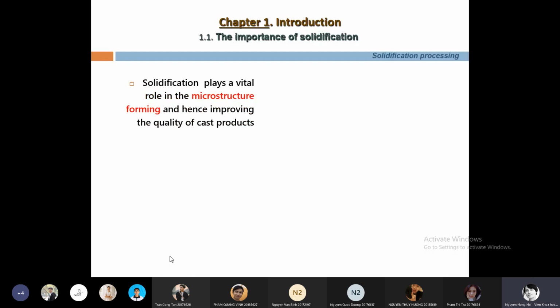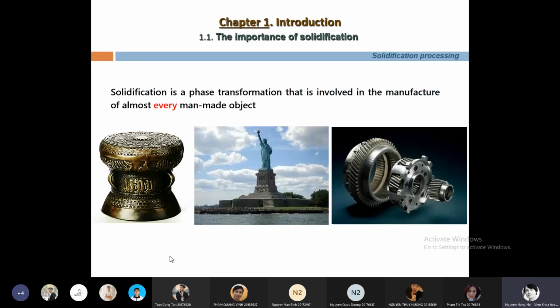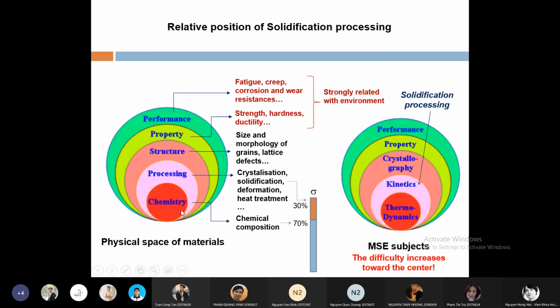And solidification is the pattern drawn in microstructure forming, and then improving the quality of the product. You can refer to this. Second, we have the processing determining the structure. Chemistry, that's processing.